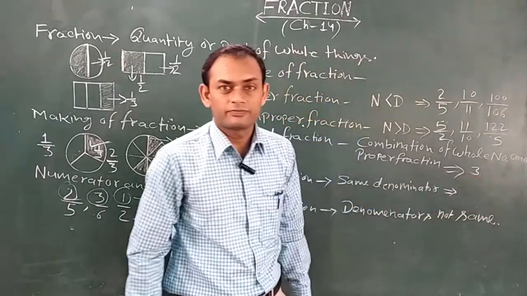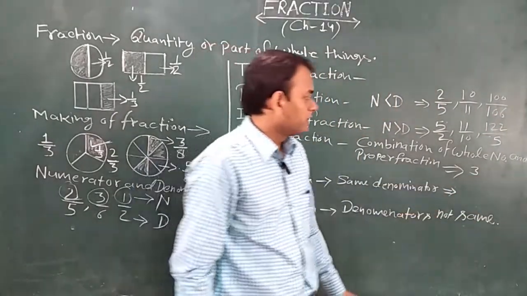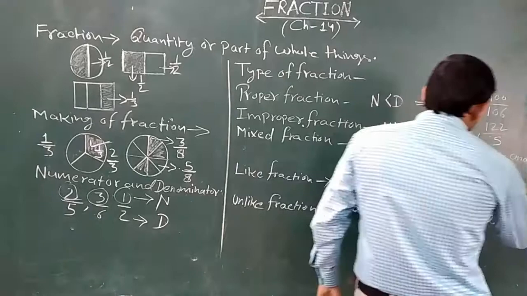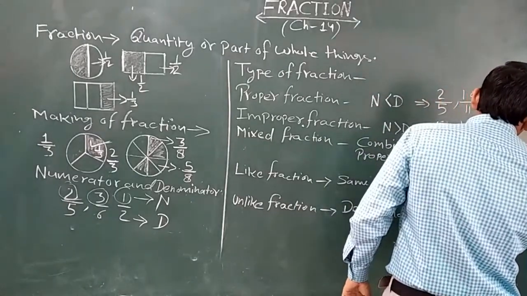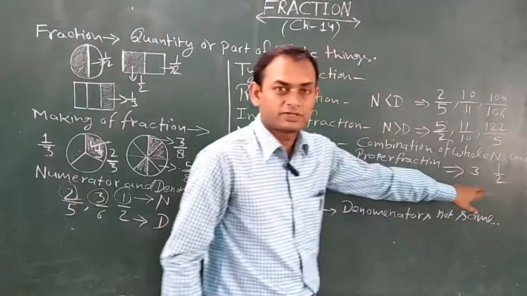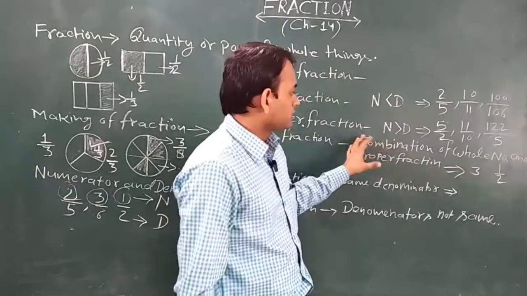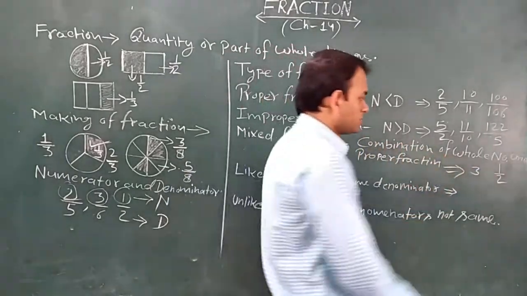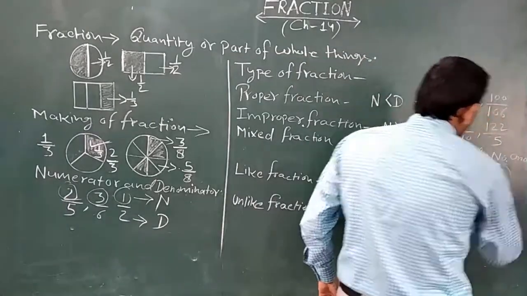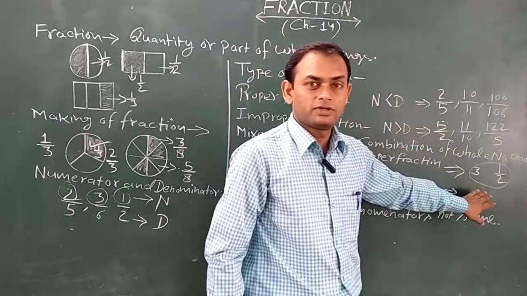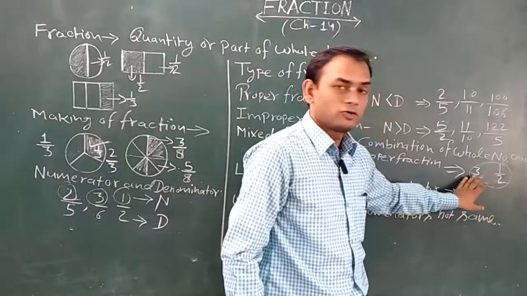Suppose this is 3, it is the whole number, and we are taking one proper fraction, in which the numerator is smaller than the denominator. So the combination of both of them.